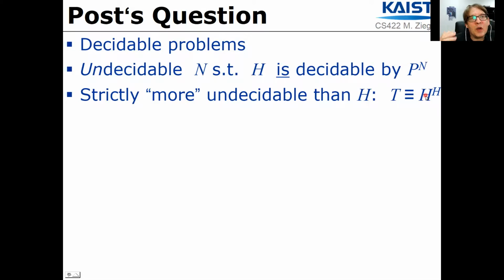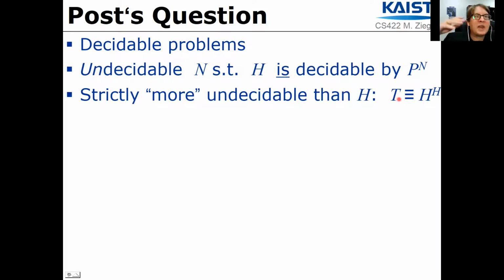Now, if we consider oracle while programs, that's a question whether a given while program having access to the halting oracle terminates. And that turns out to be even more undecidable. Right? So even access to the halting problem cannot tell whether a given while program that also has access to the halting problem terminates. And this is the next level.